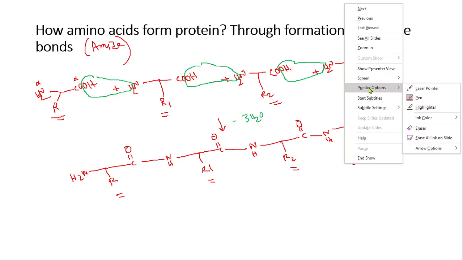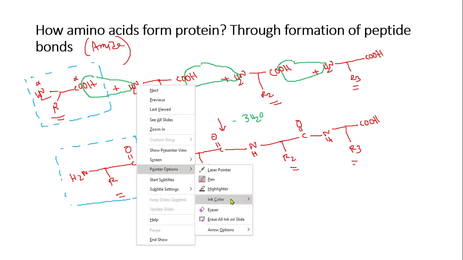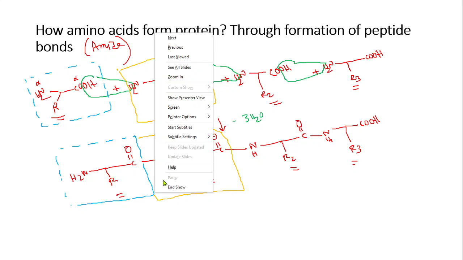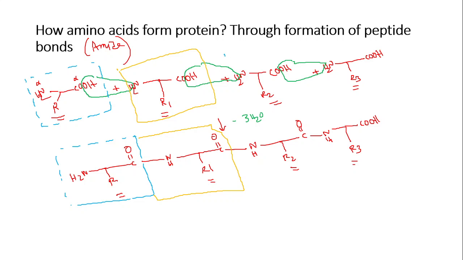If I want to put the original side chains in this chain, this was the first one, and this particular one is right here. Then I put the next one, which is this one right here.